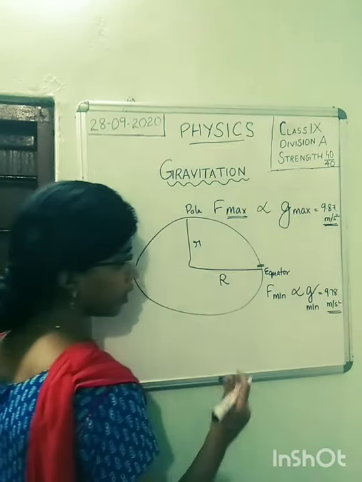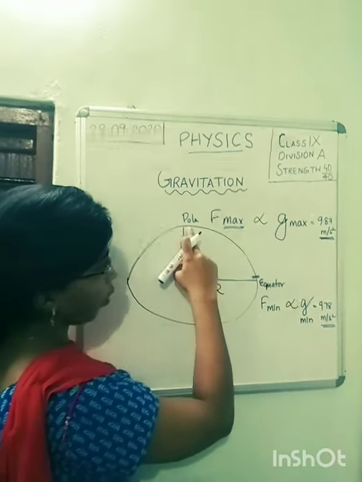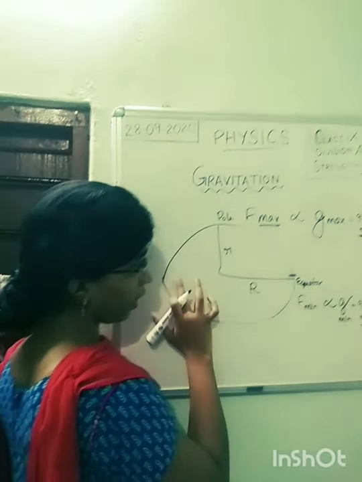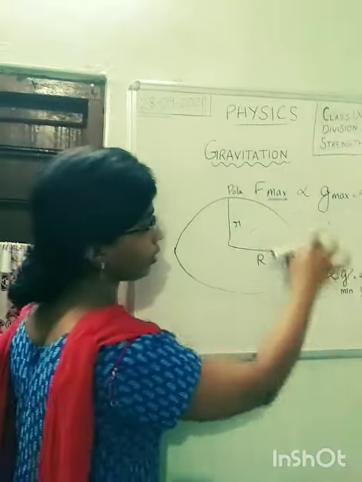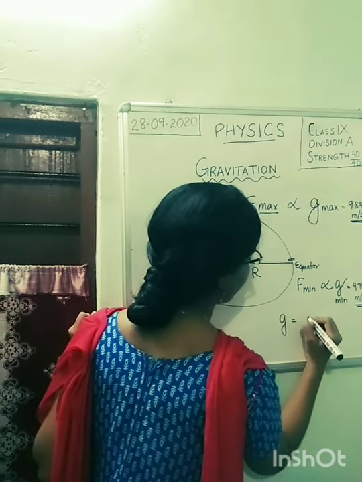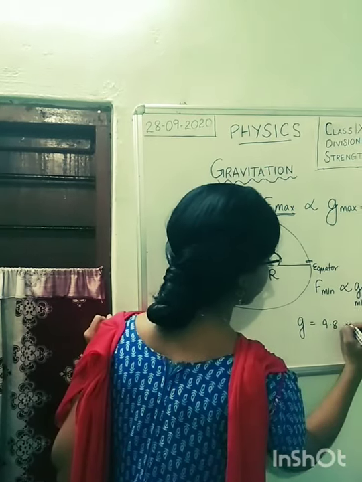So this is the value of G at the pole and this is the value of G at the equator. On average, anywhere on the earth, we can write the average value of G to be 9.8 meter per second square.